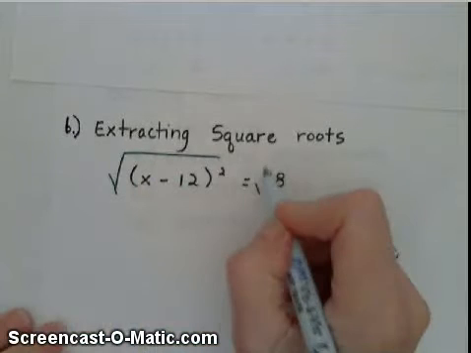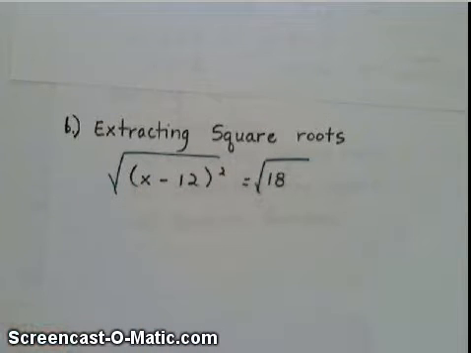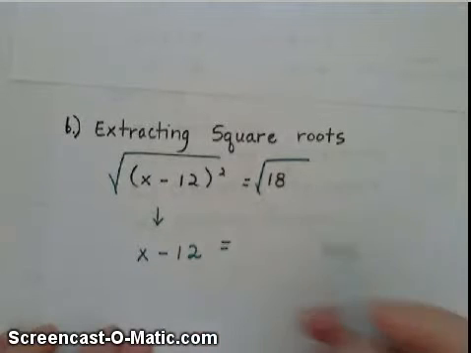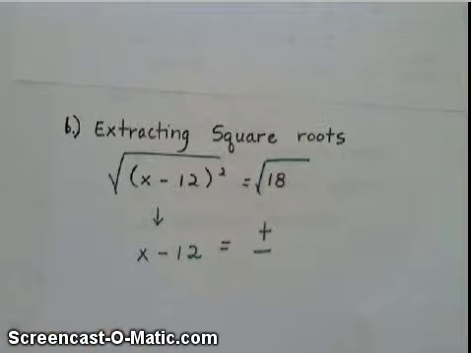So I'm going to draw a big radical here. And then if I do that on the left, I've got to do it on the right. Now, here's a trick. X minus 12, the quantity squared, when you take the square root, that's just going to give you x minus 12. Okay, that's the easy part. Equals. Now here's the trick. Plus or minus. You must have 2 answers to every quadratic equation.